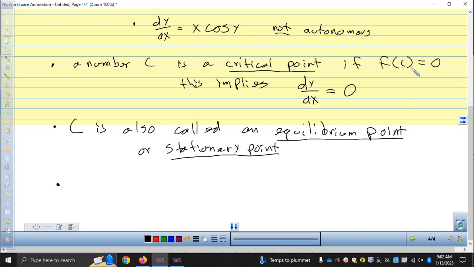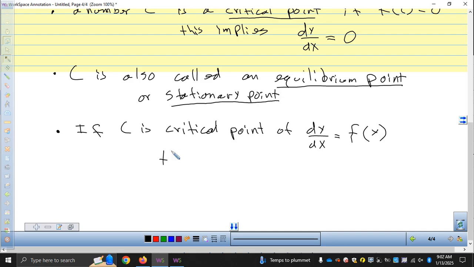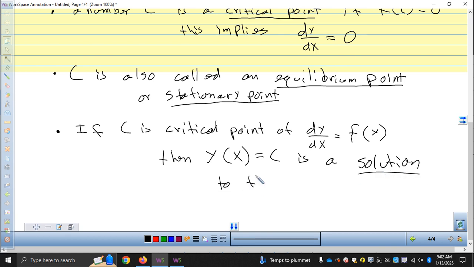And the important thing about a critical point is that if C is a critical point of dy dx, an autonomous differential equation, equals f of y, then y of x equals C is a solution to the differential equation.